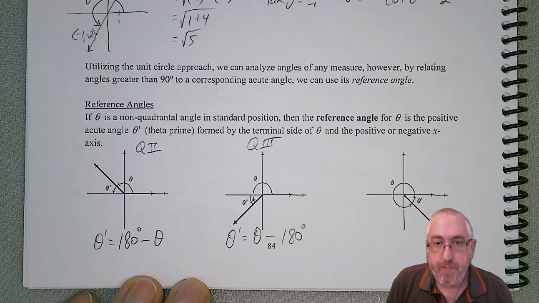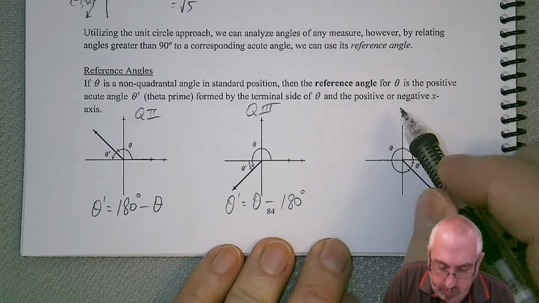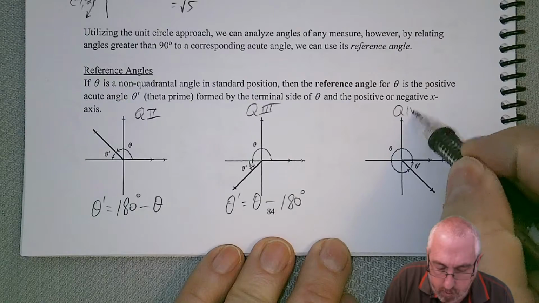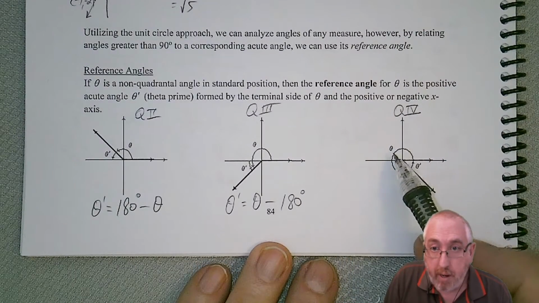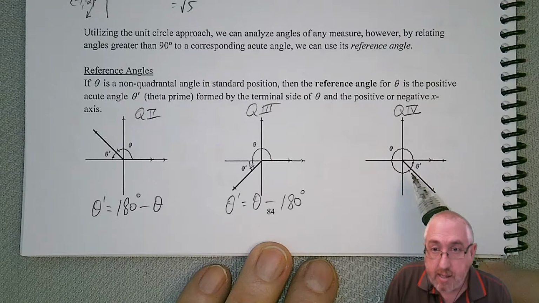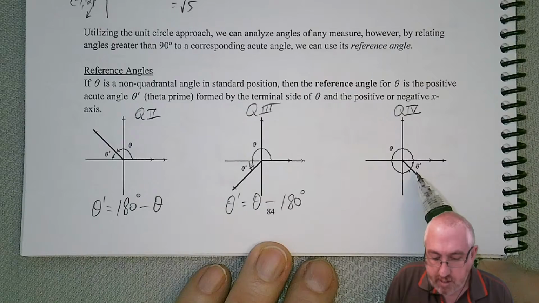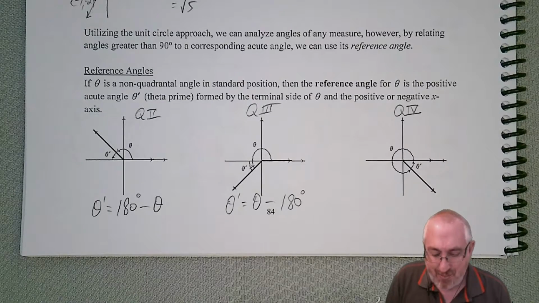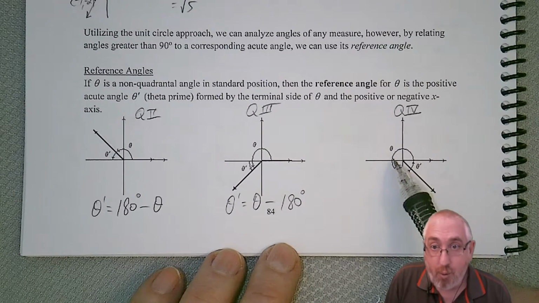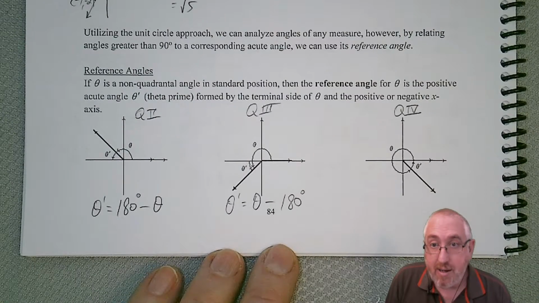So this is going to end up being theta minus 180 degrees, and that will give us this acute angle theta prime. All right. And so our last case, which is quadrant 4, again we got our whole big theta angle that stops in the fourth quadrant. Now they're saying that theta prime is this little acute angle. What do we notice about this diagram? Well, you can see we have a whole circle here when we have everything combined.